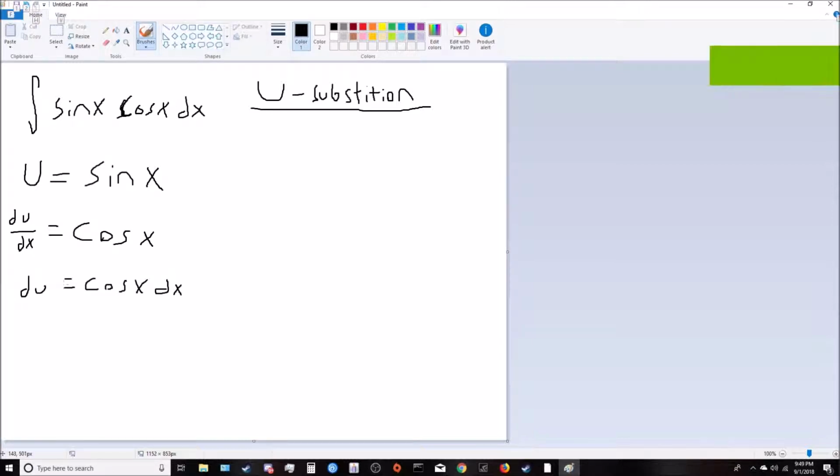Now what we can do is plug these back into the equation, but this time in terms of u and du rather than x and dx. So that would look like the indefinite integral. Since sine of x is equal to u, you can just plug in u for that sine of x, and the remainder is covered by this du, which is equal to cosine of x dx.